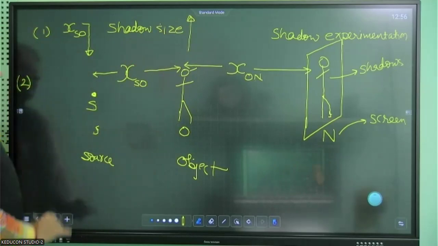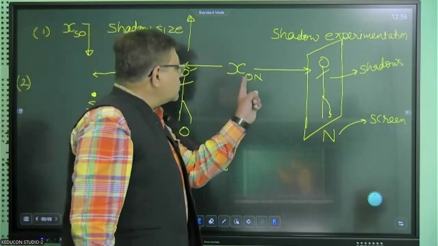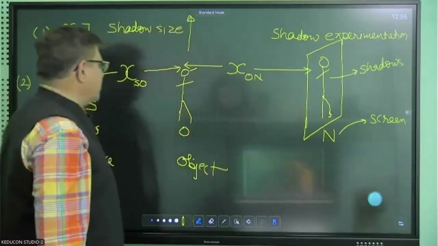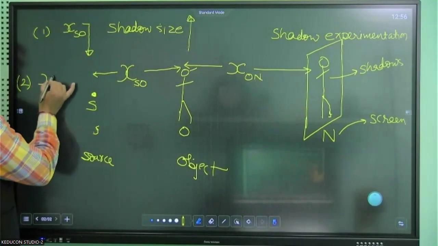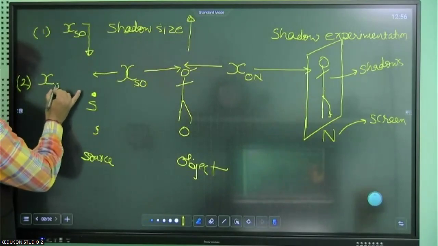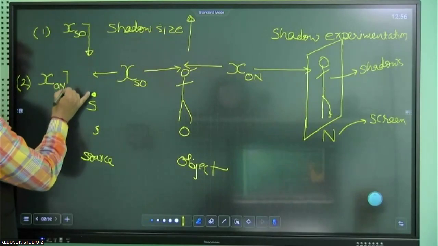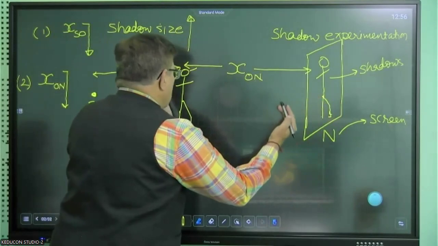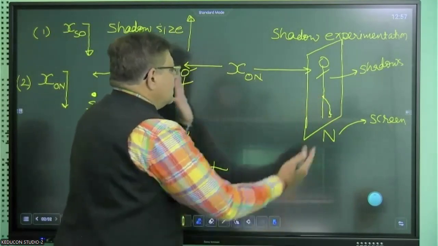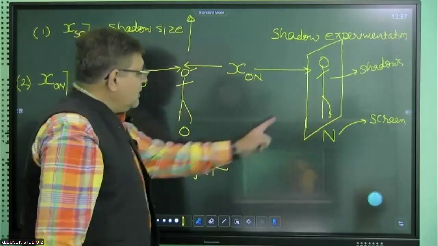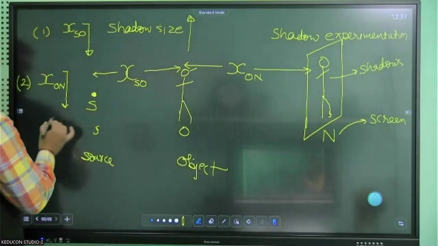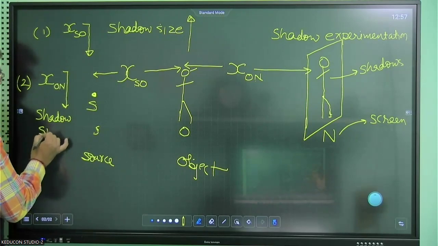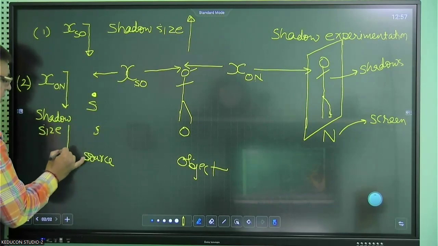Second observation. That was related to XON, the straight line gap between object and screen. So what we observed, when XON was decreased, means when both of these were brought closer or either one is moved in such a way that the gap decreases, then this shadow size was found to be decreasing.